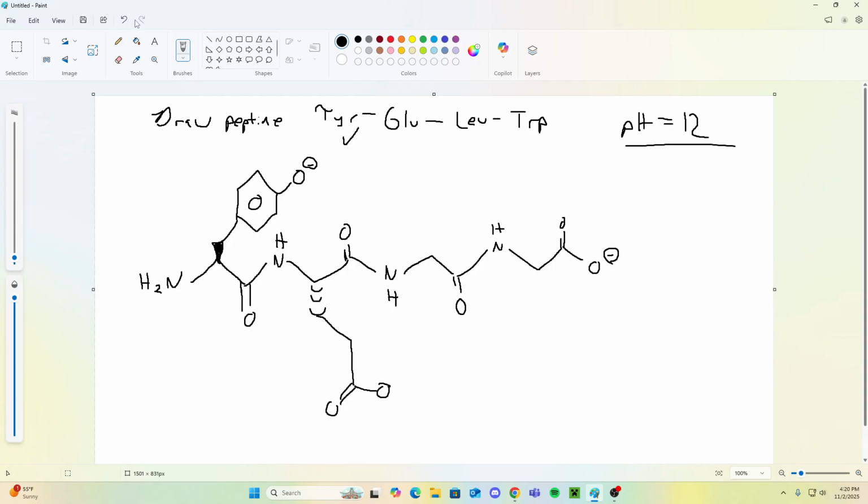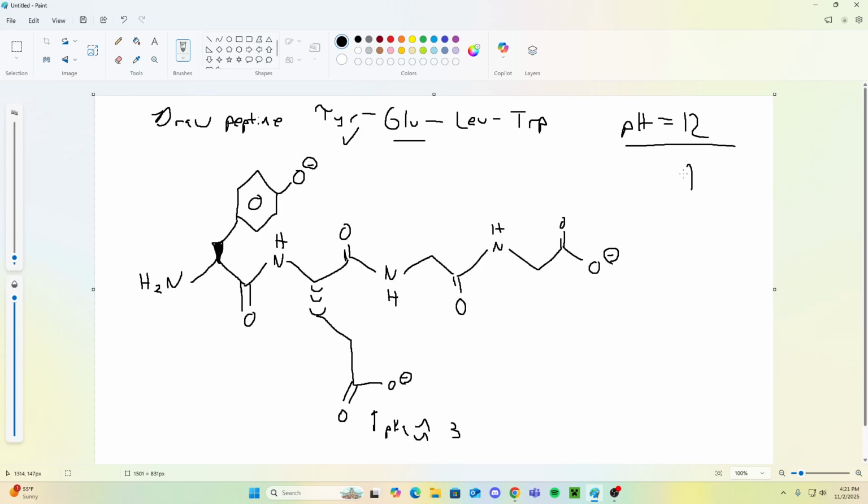And usually this carboxylic acid is going to be deprotonated as well, because the pKa of glutamic acid or glutamate is roughly 2 to 3, maybe a little higher, but within the ballpark of 3.